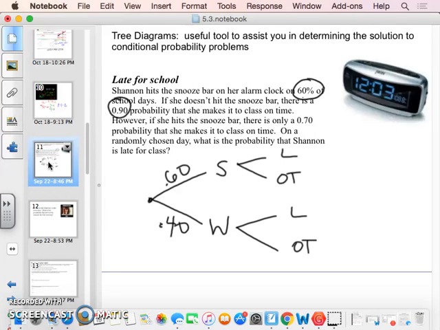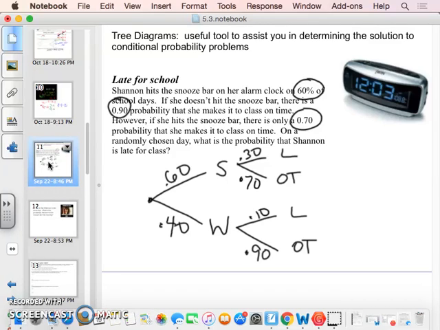So that means she's going to wake up, she's going to be right here, on time. So that means if she wakes up, she's only got a 10% chance of being late. Now if she does hit the snooze bar, there's only a 70% chance that she makes it on time, which means 30% of the time she's late.